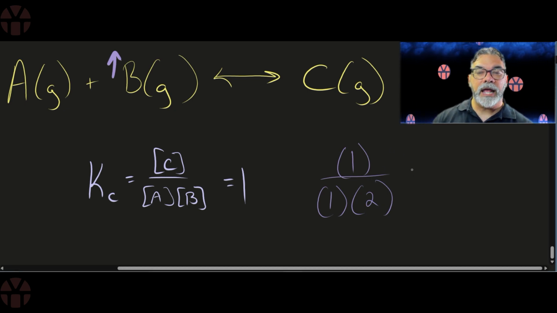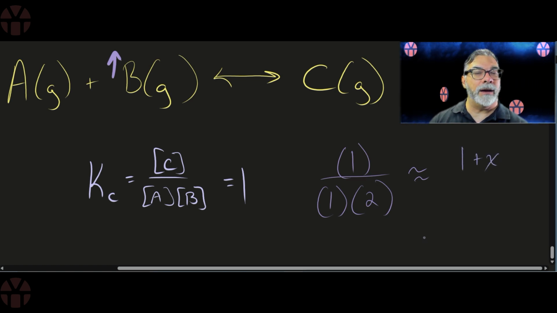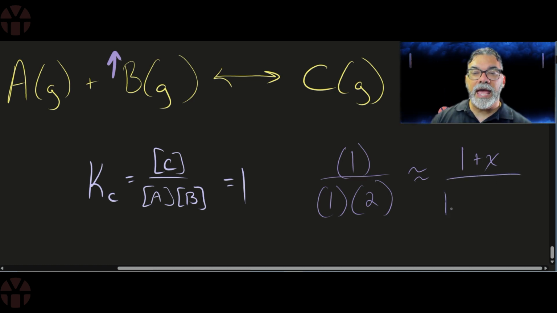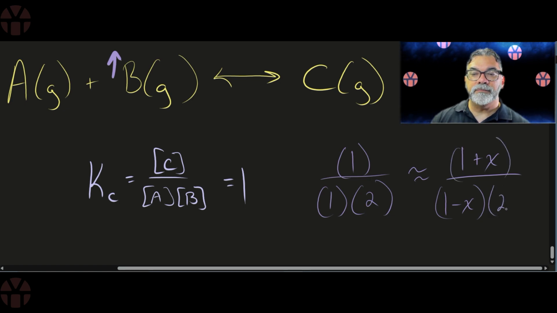Well, what's going to happen over time? When equilibrium is reestablished, what that means is that the concentration of C is going to go up by an amount, whatever it is. The amount of A is going to decrease by an amount, and the amount of B is going to decrease by an amount.